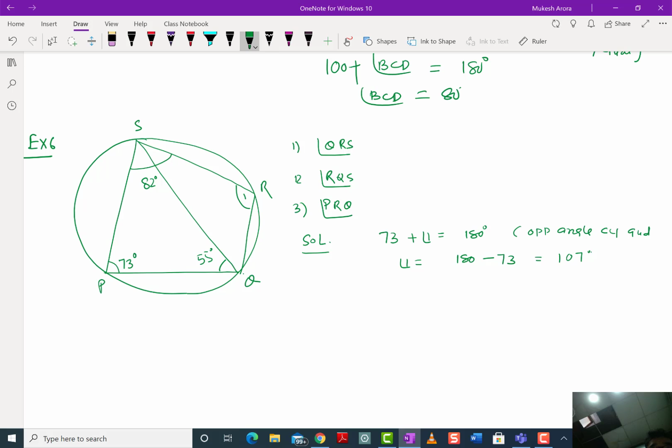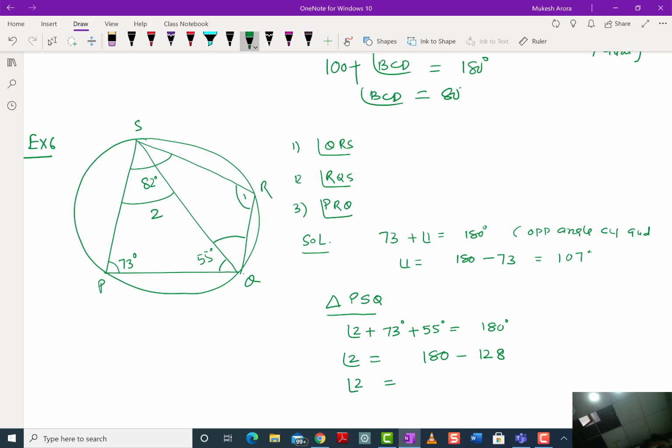Then RQS. First we will find this angle in the triangle. Angle 2 is equal to 180 minus 128.